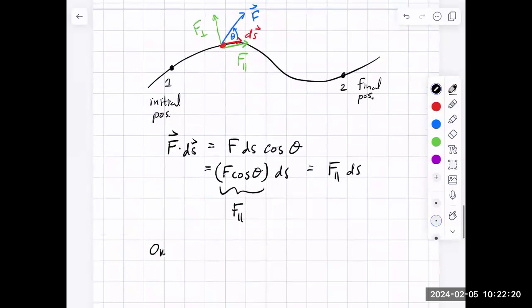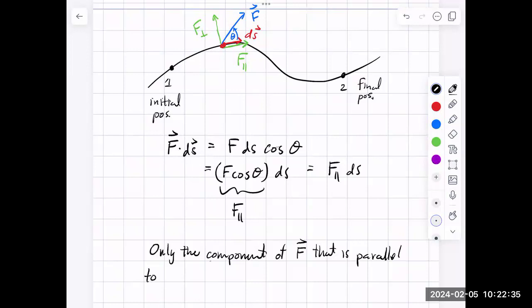So only the component of F that is parallel to the displacement at ds contributes to the work.